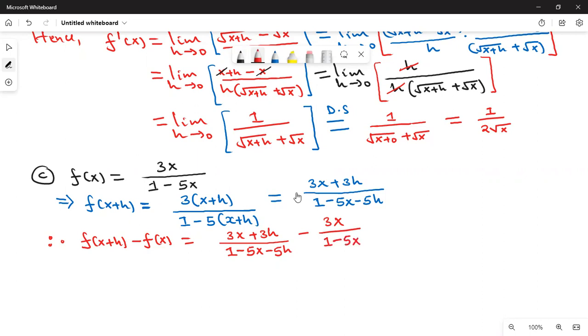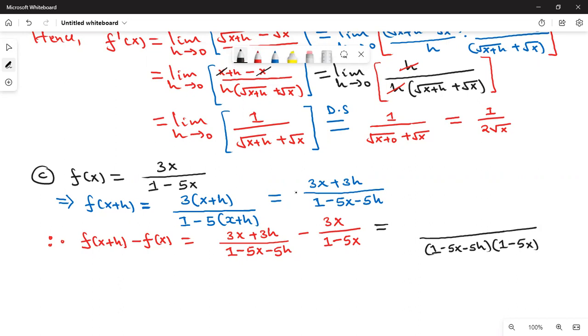It is better to simplify this. Let us combine those two fractions into one. So I'll have to find the LCM. Our LCM here is (1 minus 5x minus 5h) times (1 minus 5x).